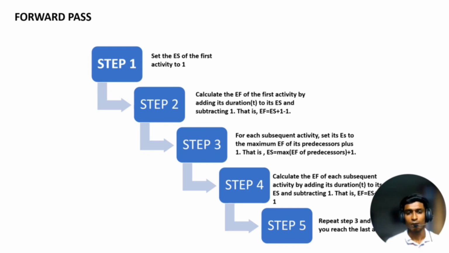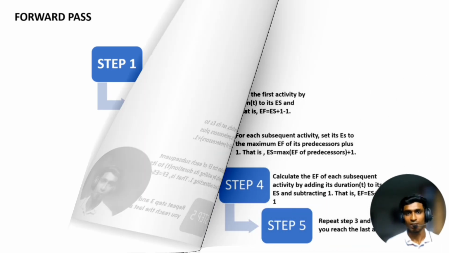Third step, for each subsequent activity, set its ES to maximum EF of its predecessors plus 1. Step 4. Calculate the EF of each subsequent activity by adding its duration to its ES and subtracting 1. Step 5. Repeat step 3 and step 4 until you reach the last activity.